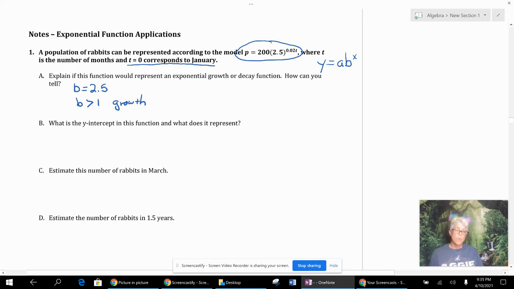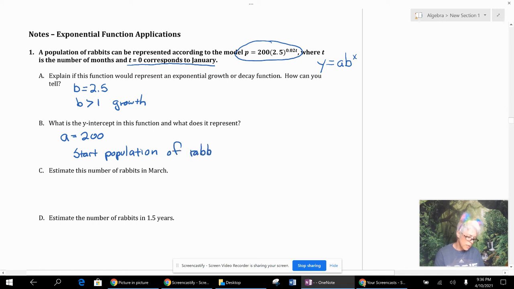And then it says, what is the y-intercept? The y-intercept is your a, and here a is 200. We're talking about rabbits, so it's the start population of rabbits.